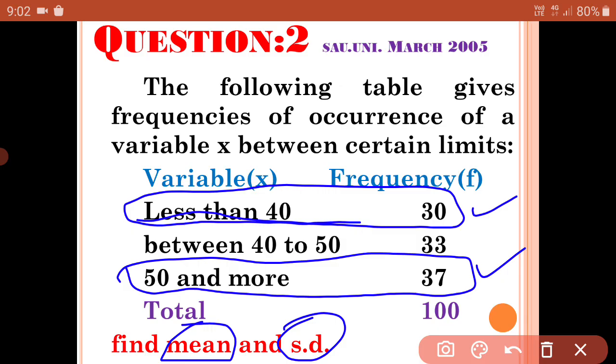Okay, so first we write the line this way.